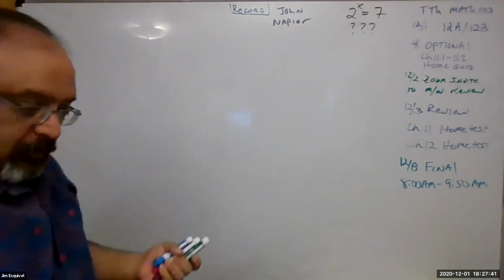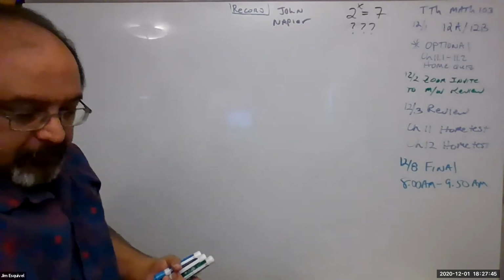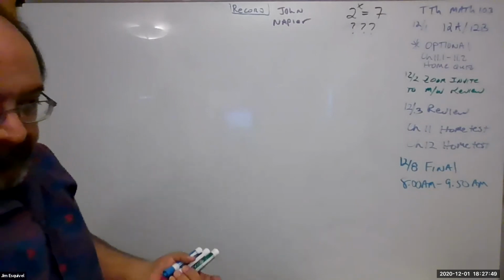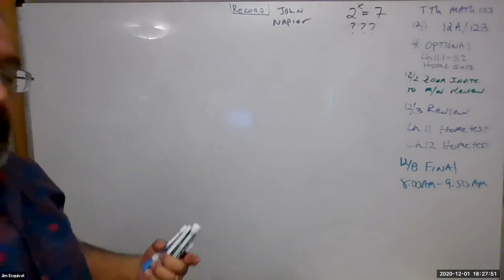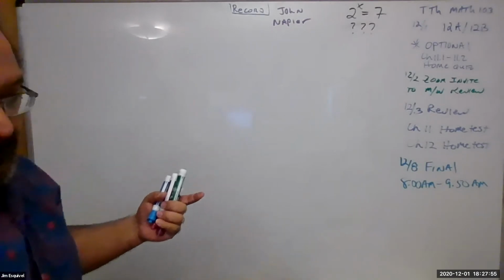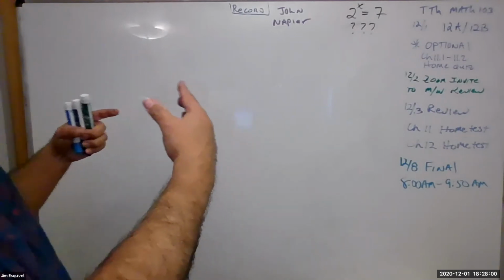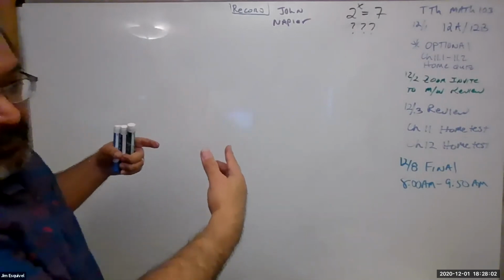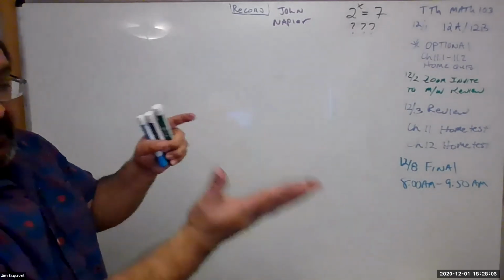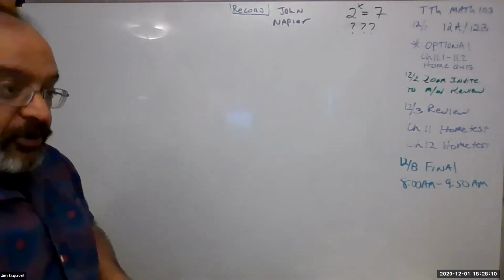Because of logarithms, multiplication becomes an addition problem. Division can become a subtraction problem. And exponents can become a multiplication problem. Because of logarithms, the operations of multiplication, division, and exponents take a little step down in difficulty.